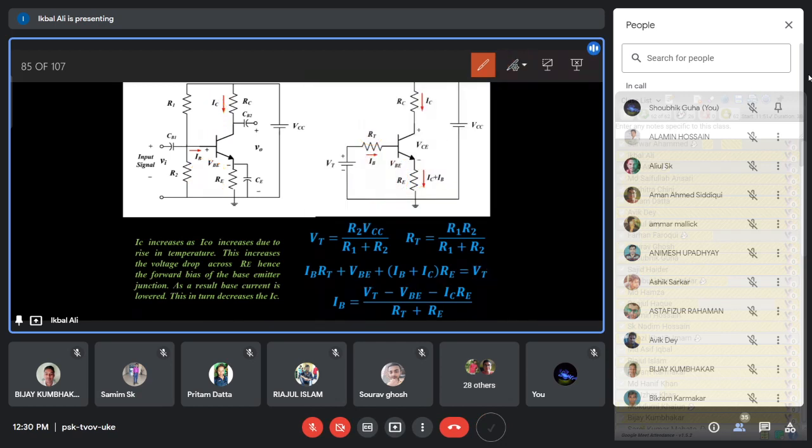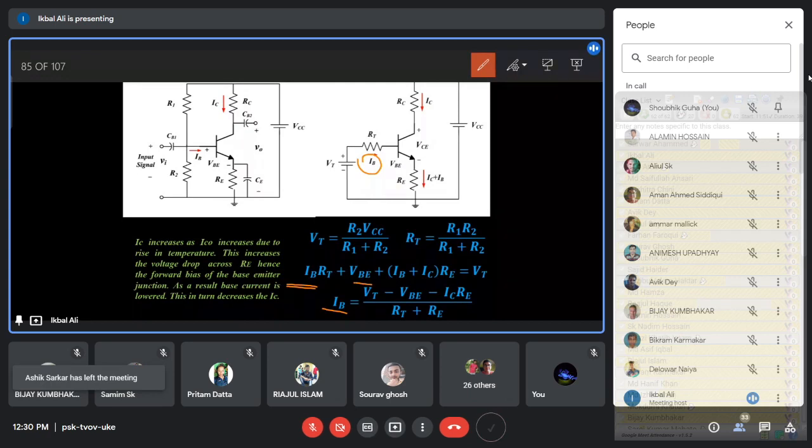So if this is the input side equation, from this equation we can solve for the input DC current IB, the base current, which is flowing inside the transistor. So what will be the IB? You can solve it from this equation: IB should be equal to VT minus VBE, minus IC into RE, divided by RT plus RE. Since you have RT with IB and IC into RE, you take IB common.